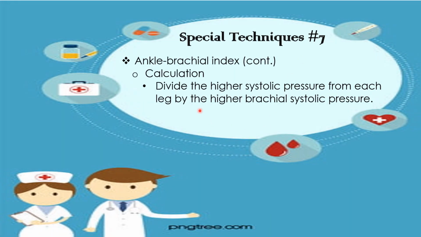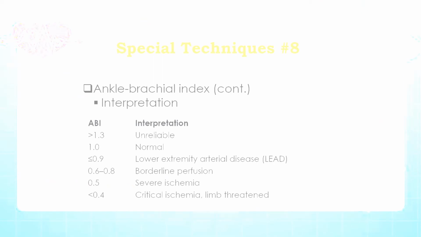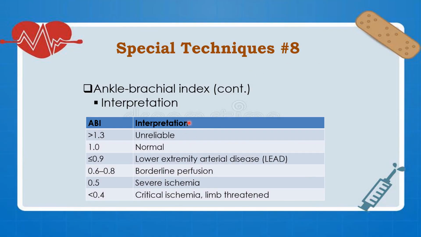So for the calculation, you have to divide the higher systolic pressure from each leg by the higher brachial systolic pressure. So this is an example interpretation. If it is greater than 1.3, it is unreliable.